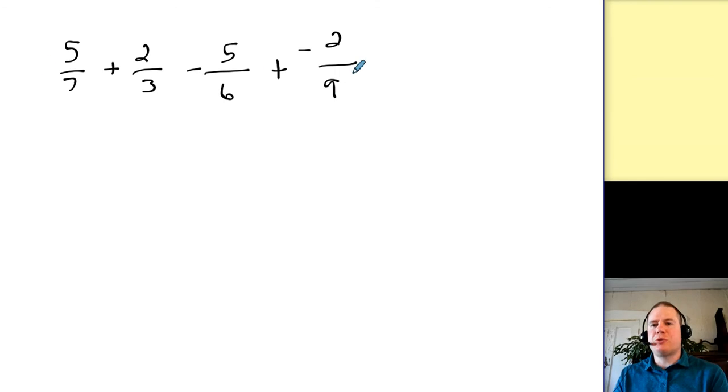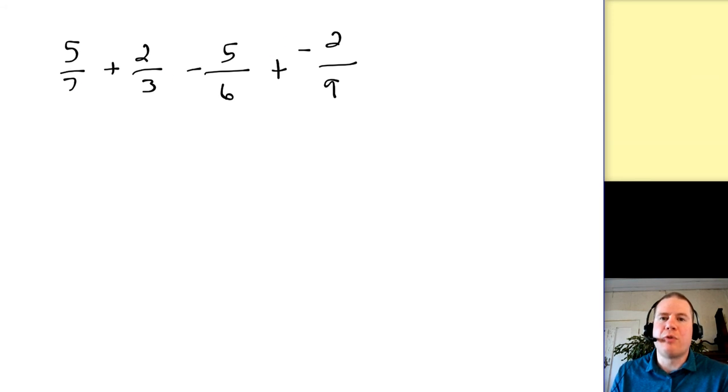Same four fractions we had, but put in as four separate terms in the same problem. It works the same way. If we're going to combine these terms, they must have the same units. And just like adding before, we can only add two terms at a time. The question is, which two terms do we start with?